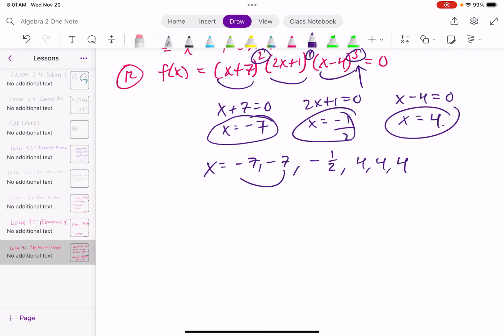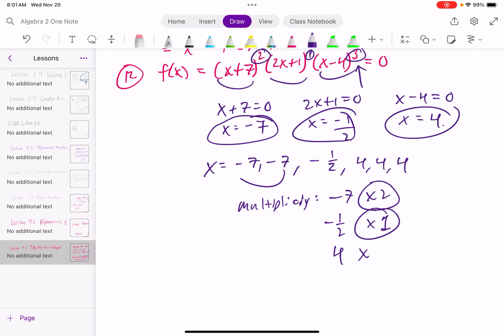So the multiplicity here is, for negative 7, we have 2 of them. For the negative 1/2, we have just 1 of them. And for the 4, we have 3 of them. Right? So there you go.